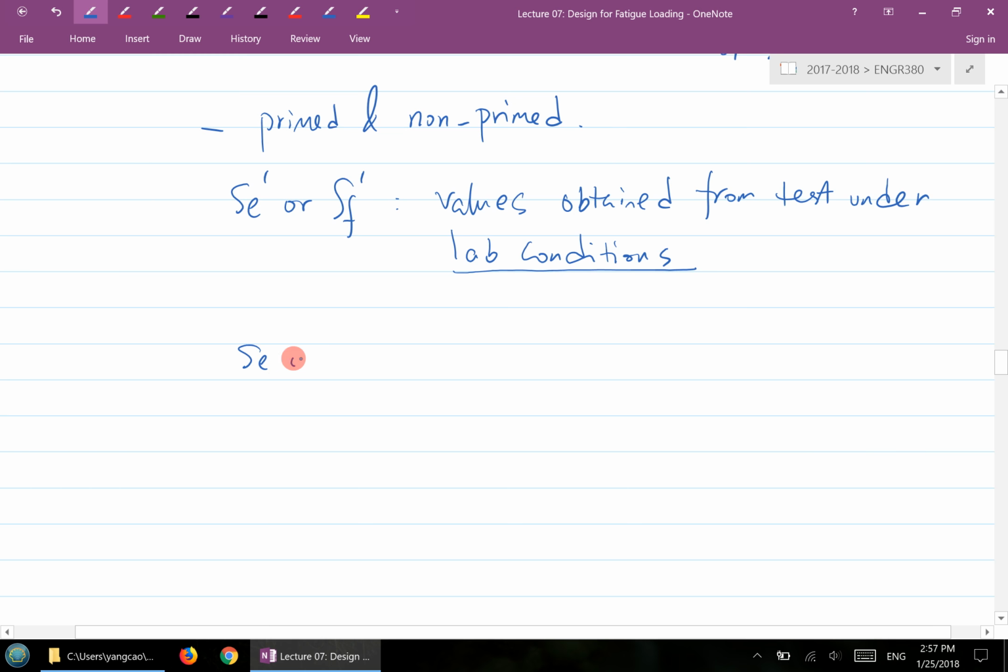However, you don't have the luxury to conduct experiments under lab conditions every time. The part or material outside is under actual conditions. So the non-primed ones are the values from actual conditions. That's the difference between the prime and the non-prime.